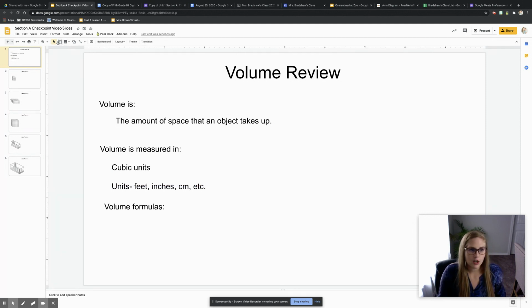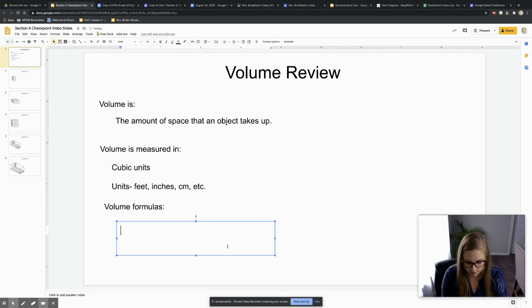So there are two different formulas that we have been using for volume. Volume equals length times width times height. And we've also said volume equals base times height.